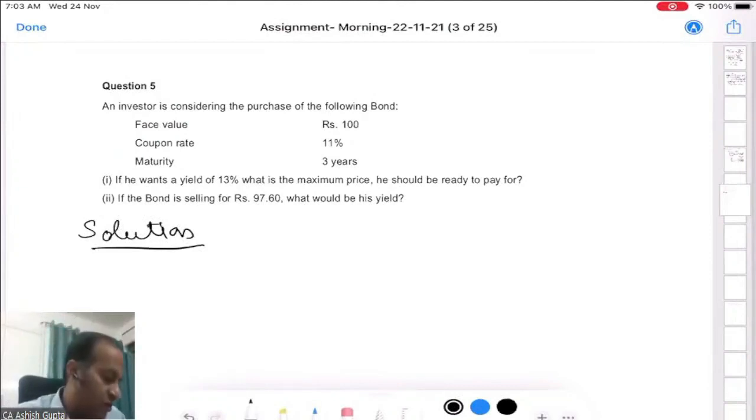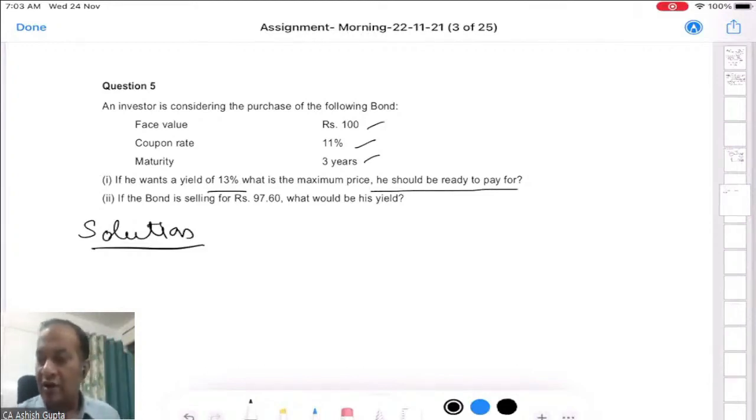Students, when we talk about question number 5, the question is like this. An investor is considering the purchase of the following bond: face value 100, coupon rate 11%, and maturity period 3 years. Now, if he wants a yield of 13%, what should be the maximum price he should be ready to pay for it? I hope you must have solved this question.